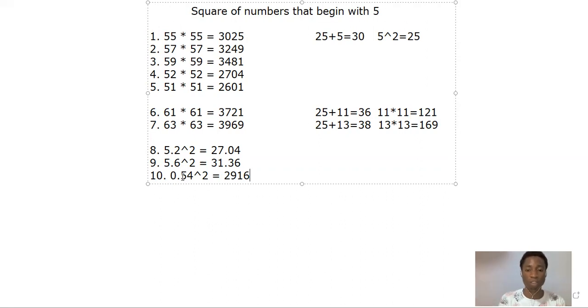We have 2 numbers. So 2 times 2 will give us 4. That means we're going to be moving our decimal point, which is always at the back, 4 times. 1, 2, 3, 4. So our decimal point is here. So it's not ideal for us to just write .2916. So we'll put 0 at the front. So our answer is 0.2916.